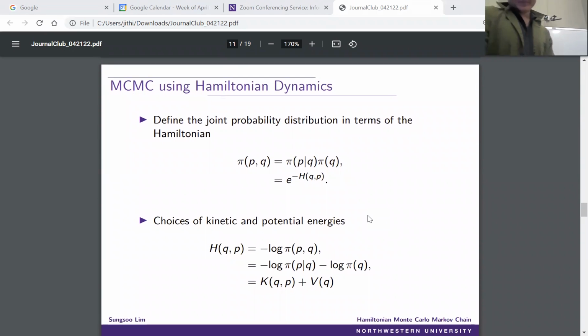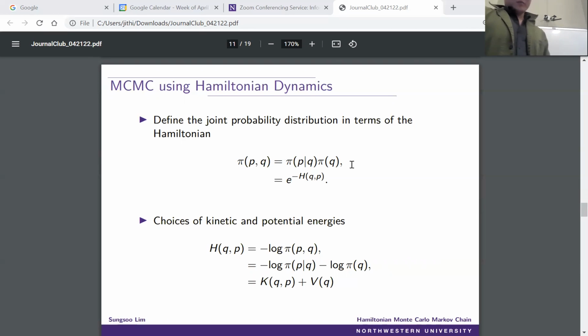The joint probability distribution in the phase space can be defined as follows, where we have the conditional probability and the target distribution pi of Q that we originally have, and it is defined as the negative exponent of the Hamiltonian.